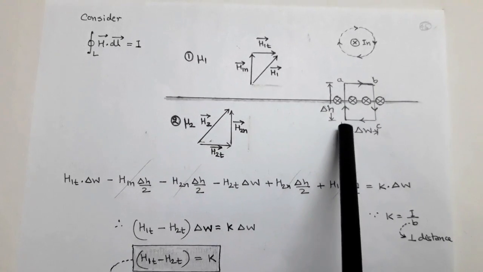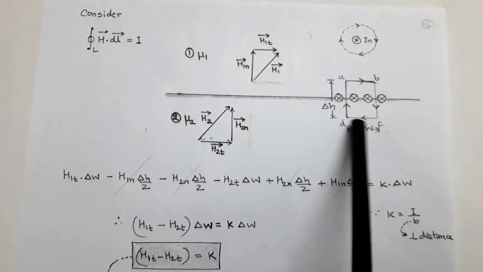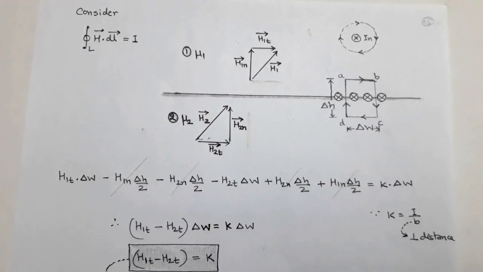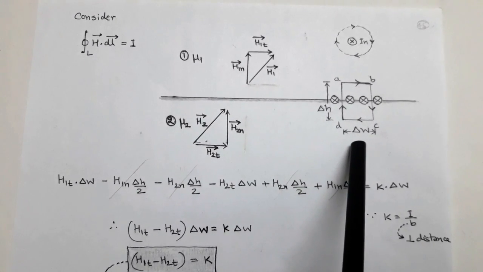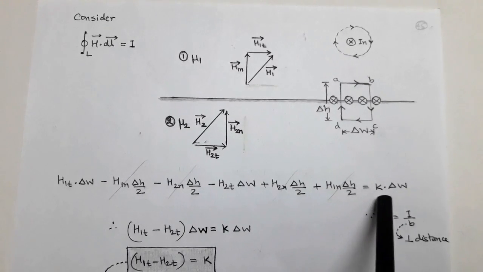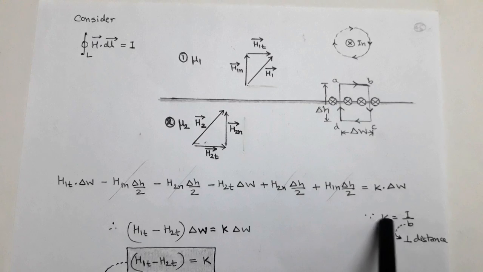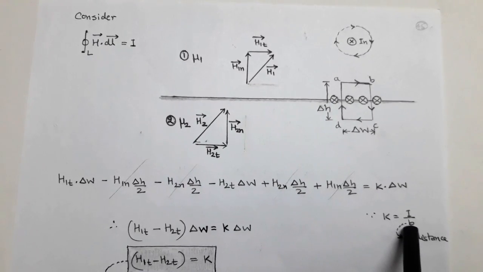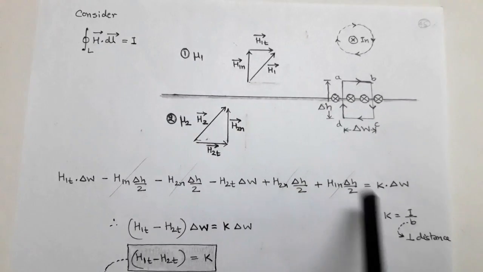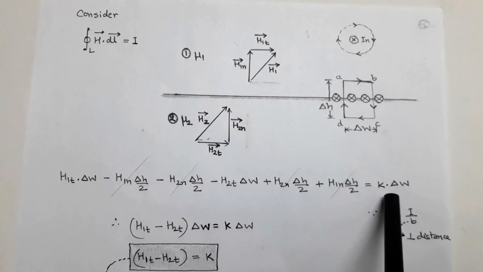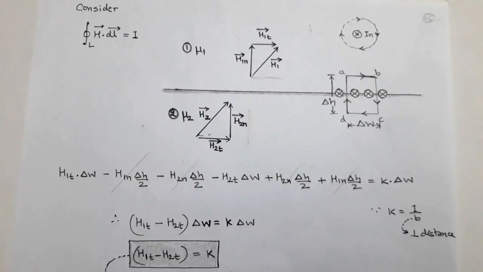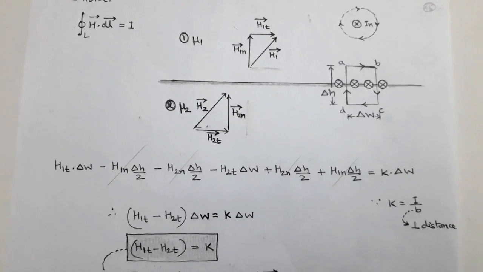Since the current is flowing into the page and the perpendicular distance is delta W, we can write the current in terms of surface current density, that is K into delta W. So the right side is the current, equal to K into delta W.